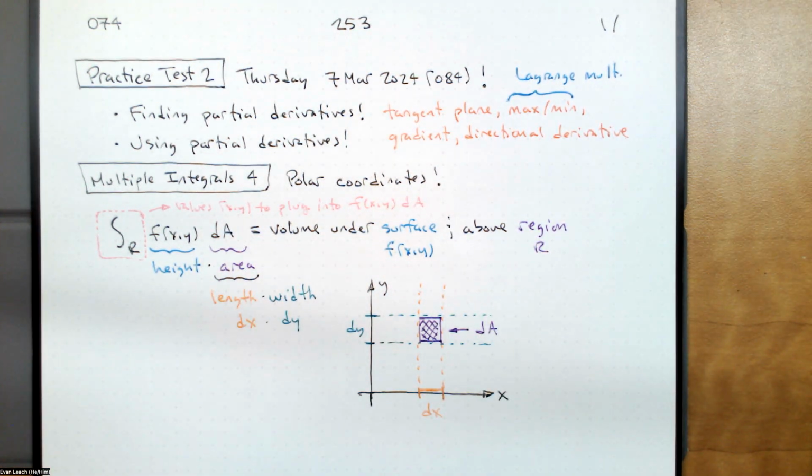That's all the values x, y that we're going to plug into f of x, y dA. All the different places we're going to evaluate this. Plug in all those values, add them up. Little bit weird question because we're adding up over a continuum. There's nowhere to put the plus signs, but that's why we have antiderivatives and the fundamental theorems of calculus.